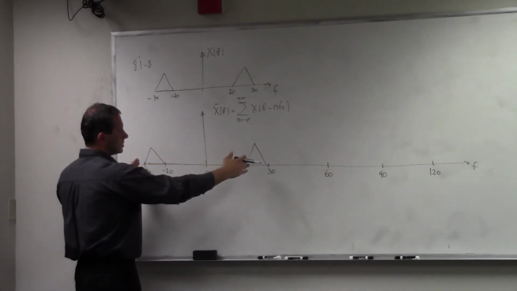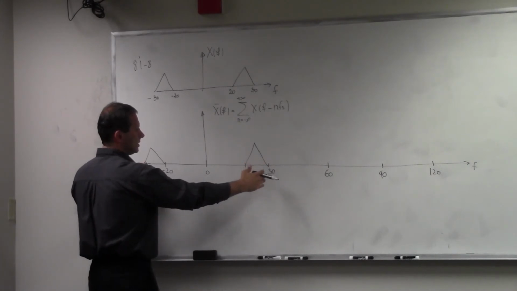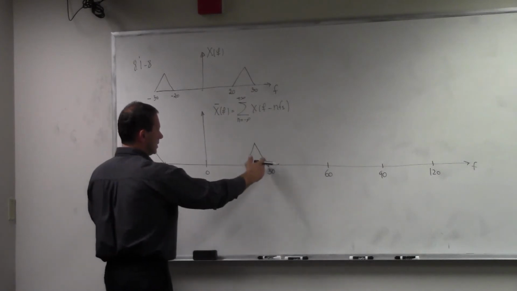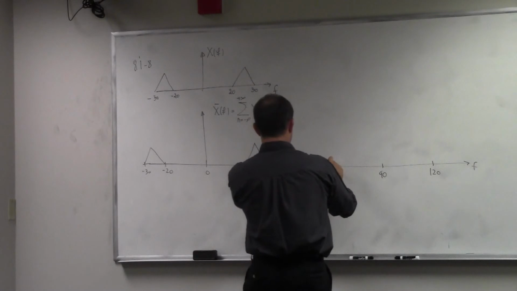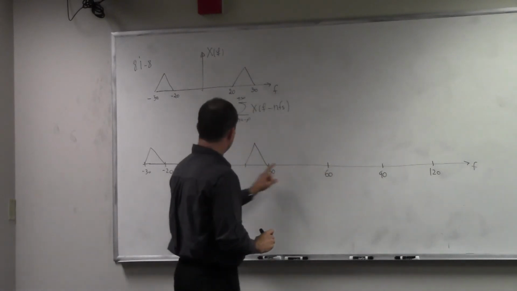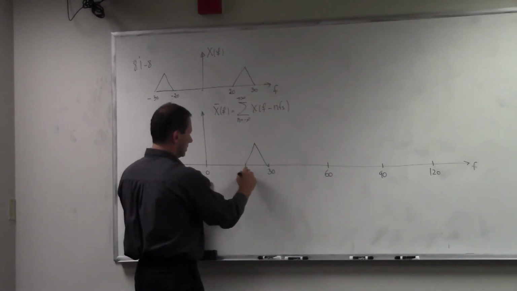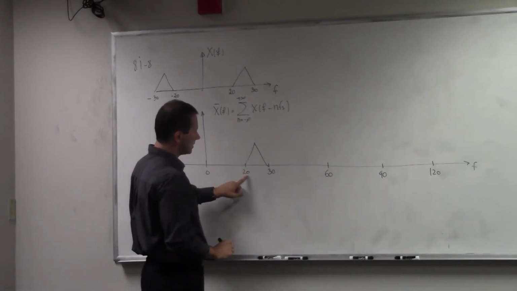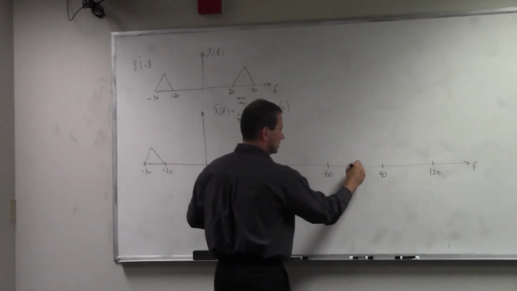Then you have to take this whole signal and position it at 60, right? So let's do that. You're going to have 60 now. Treat that as a 0. Now this is going to be 60, and this is 20. So this is going to be 60 plus 20, which is 80. So that's this part.